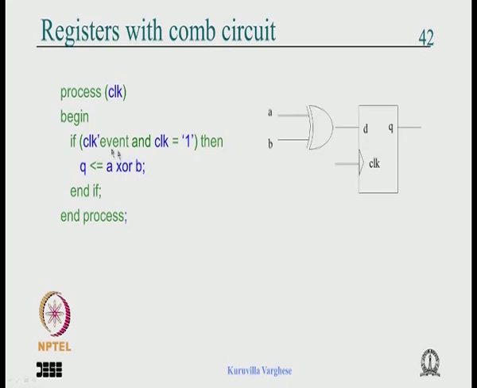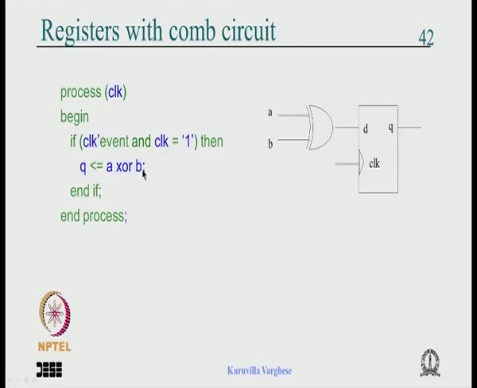If you write a code like this, you will get an exclusive OR gate at the D input of the flip flop. So when the clock comes, Q gets A XOR B.